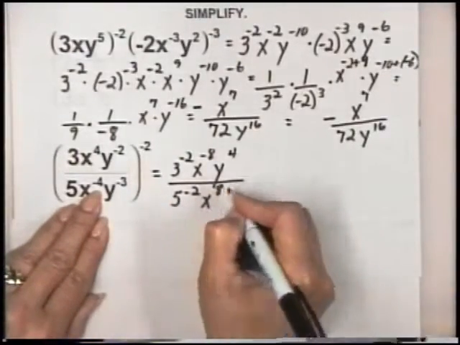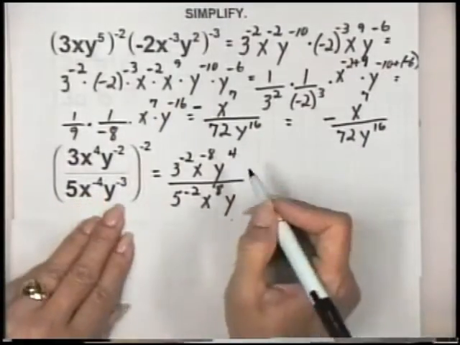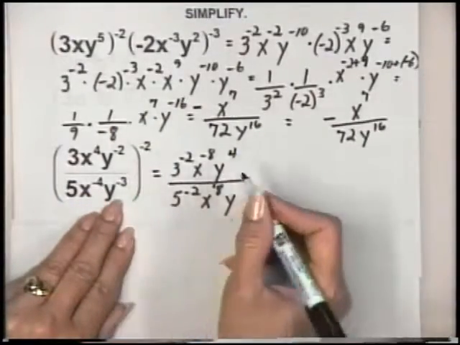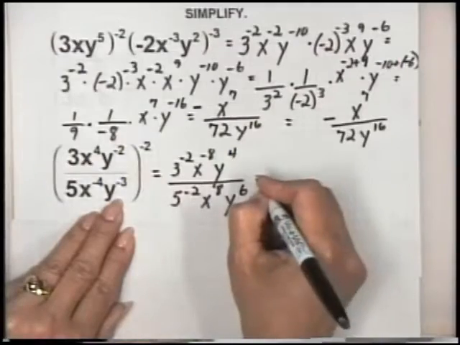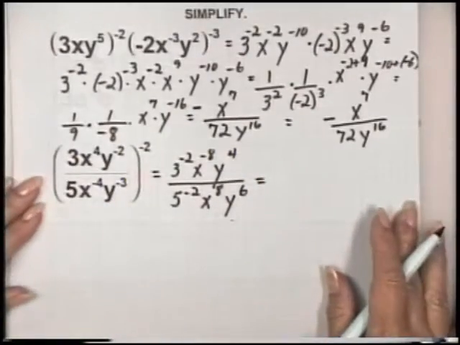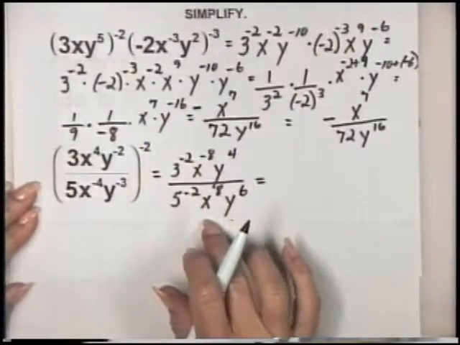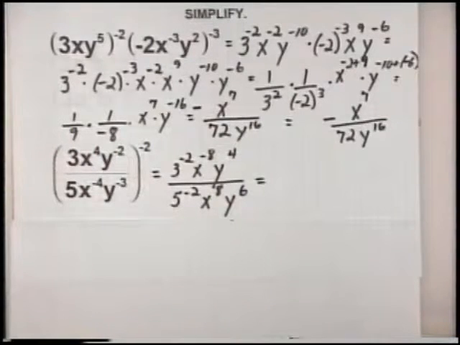X raised to the -4 times -2 will give me a +8. Y to the -3 times -2 is +6.